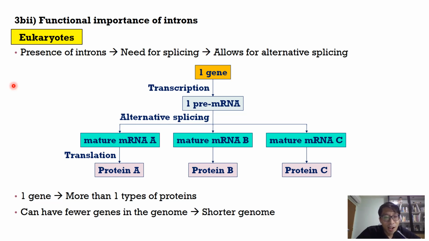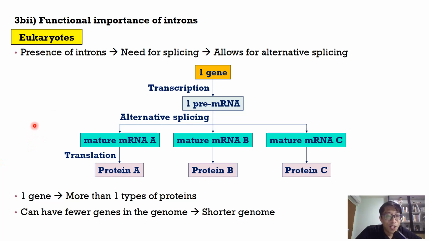Alternative splicing is when the splicing process can happen differently. Later we will look at the process of alternative splicing. As a result of alternative splicing, we can have different mature mRNA sequences from the same gene, and the different mature mRNA sequences can then be translated into slightly different proteins from the same gene.